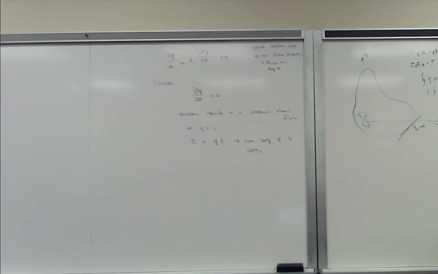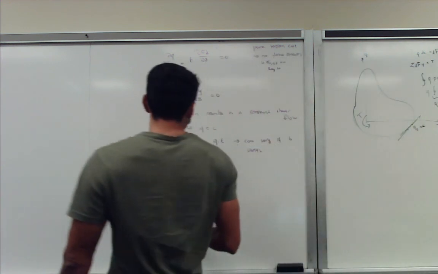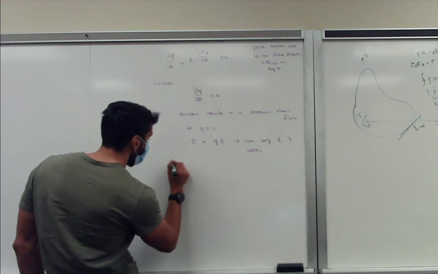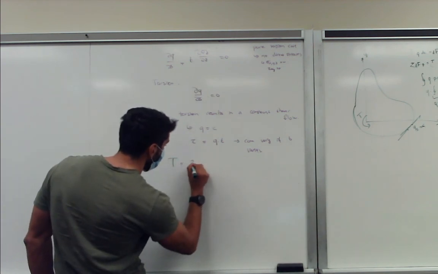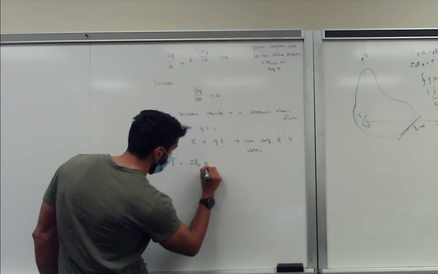And if you remember correctly from the previous shear flow lecture, this integral is two times the enclosed area. So the relationship between torsion and enclosed area and the shear flow is that the torsion is equal to 2 times the enclosed area multiplied by q.